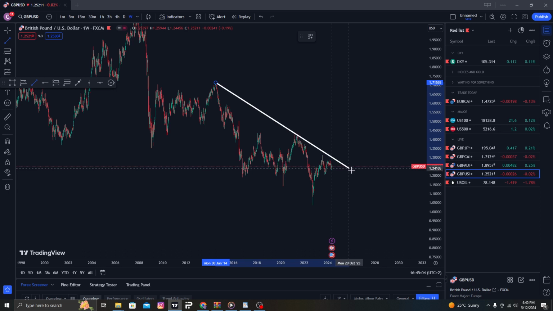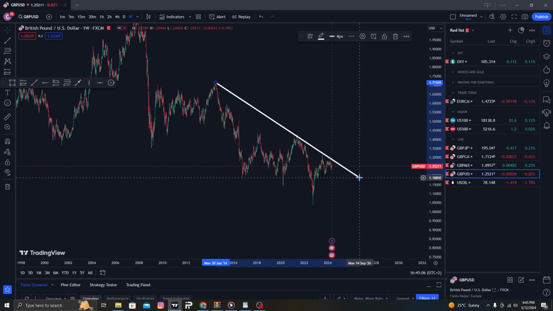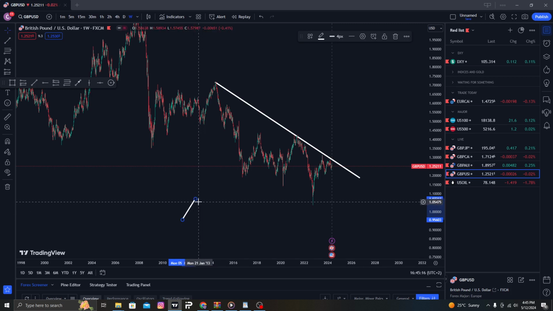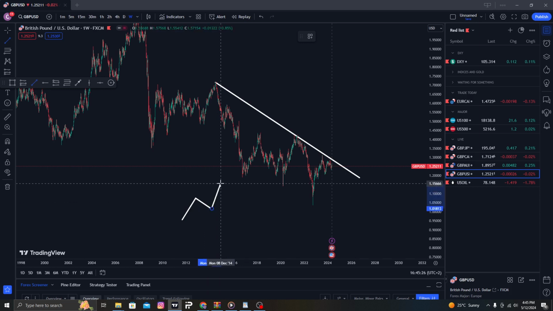How do we check that it is a downtrend? By this line, right? How do we identify a downtrend? We look at this. An uptrend goes like this. Right, yes, for the downtrend, you're right.